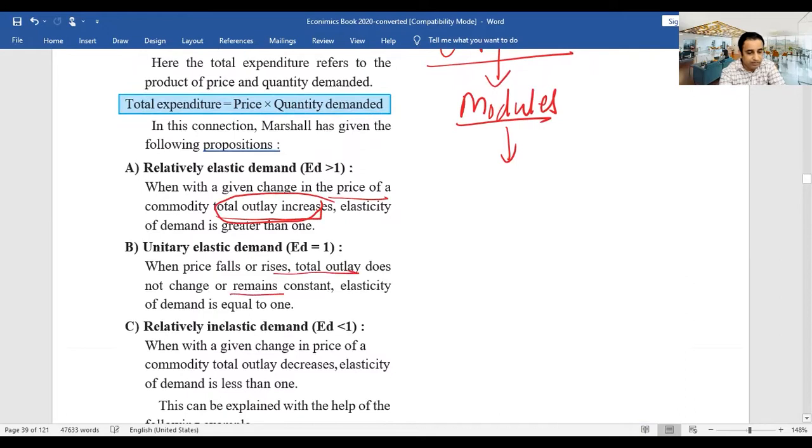When total outlay remains the same, elasticity is equal to 1. And when the total outlay decreases, elasticity is less than 1. But what is being conceptually taught over the years and what is being included in the courses for CA, CS, CMA, the interpretation is a bit different.